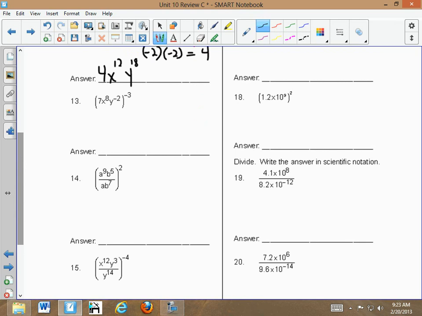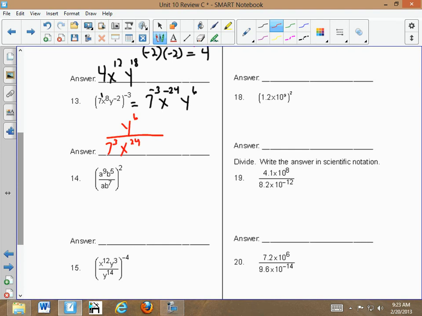13. Now, there's a 1 there, so I get 7 to the negative 3rd power, x to the negative 24th power, y to the positive 6th power. So y is going to be staying on top. Now, y to the 6th power stays on top. 7 cubed goes to the bottom.